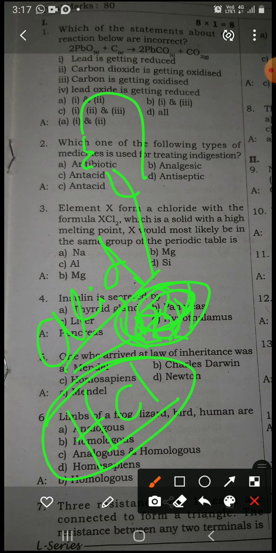Actually the first digestion takes place in our mouth. We crush our food, and that food gets mixed with our saliva and goes through the esophagus to the stomach. When it goes to the stomach, the second digestion process takes place.